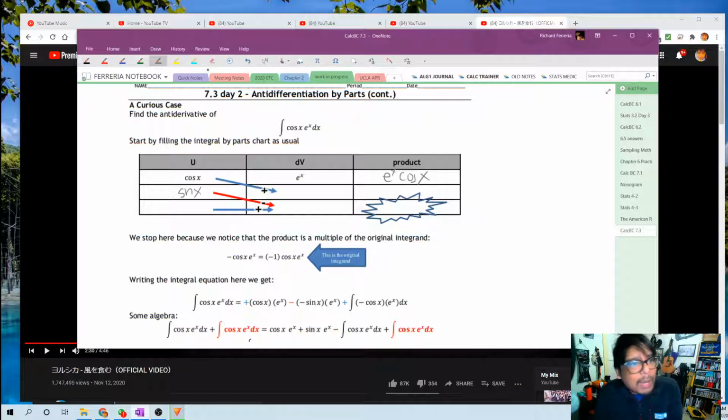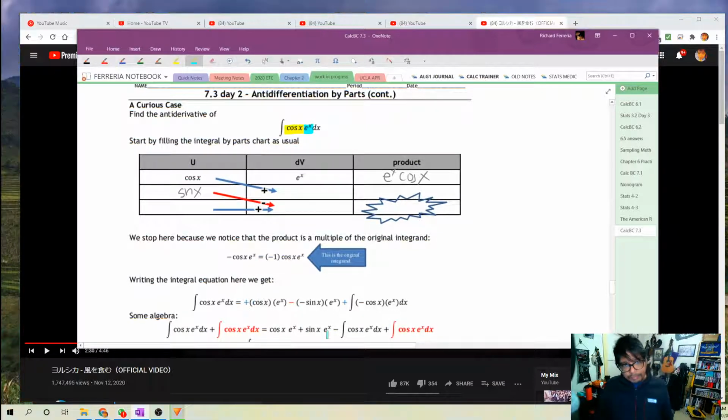Actually, I should have stopped and gone back over. The two factors here are cosine x and e to the x, and we have a trig factor and an exponential factor. Trig is a little higher up on the list than exponential, so we'll set cosine x to be our u and exponential e to the x to be our dv.